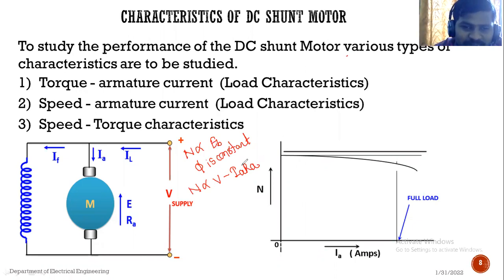I am changing the armature current IA. If the armature current increases, armature current increase झाला, what is the effect on EB and then what is the effect on speed? Speed वरती काय effect होईल?